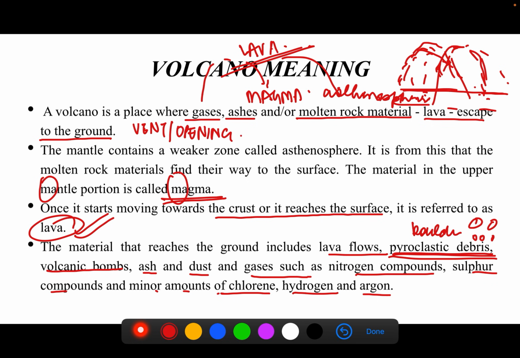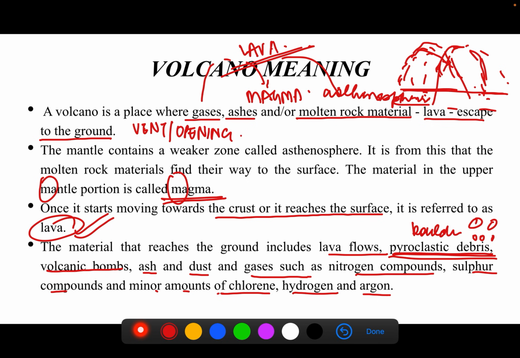So we have seen what a volcano is. It's just a vent or an opening from which gas, ash, molten rock material, lava all come out. We have already seen the difference between magma and lava. As long as it is below the surface of the earth, it is called magma. Just remember mantle, magma, MM. And when it comes outside the surface, it is called lava.